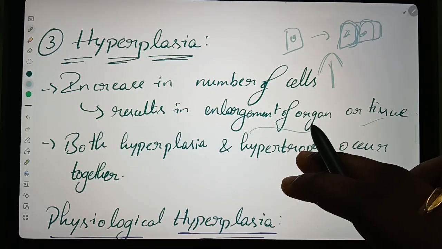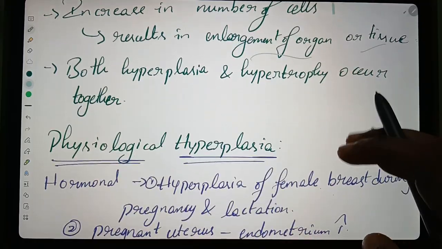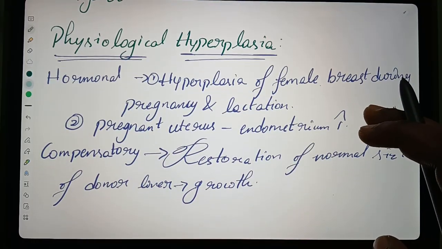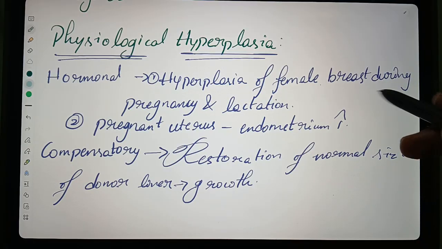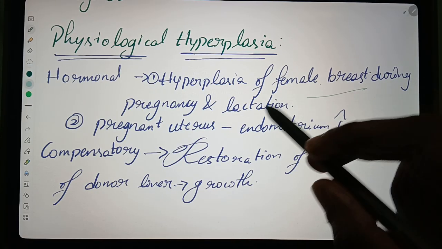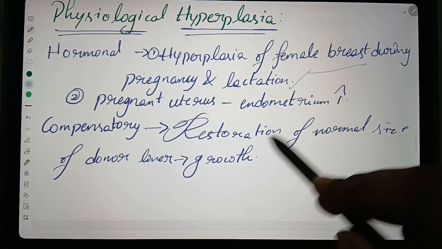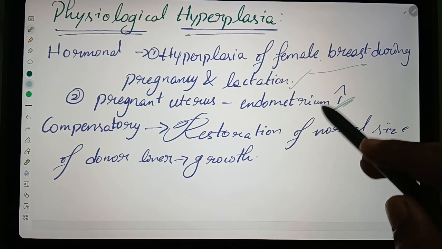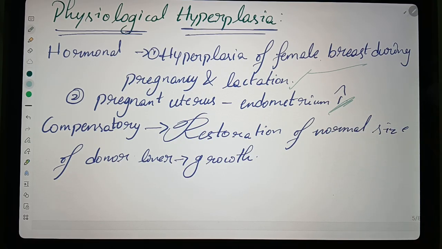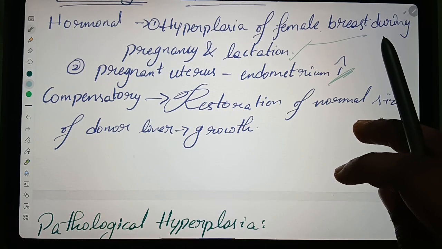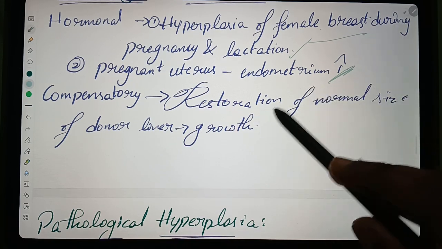Coming to hyperplasia, in physiological hyperplasia the female breast increases during pregnancy and lactation. We all know that. The endometrium of the uterus also increases during pregnancy. There are two types, hormonal and compensatory.